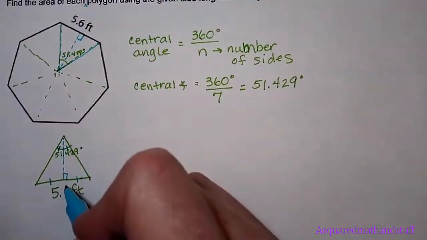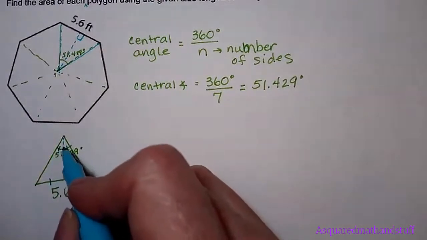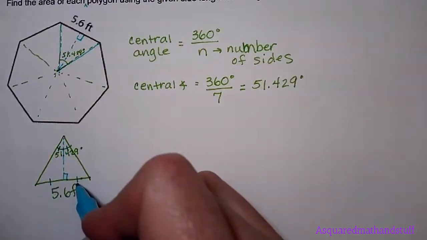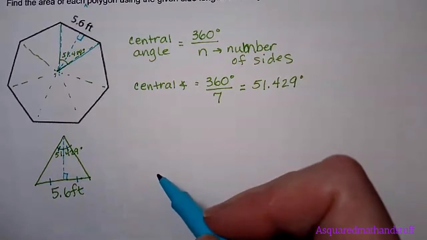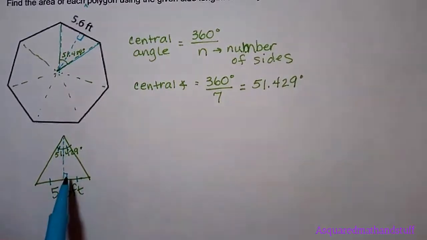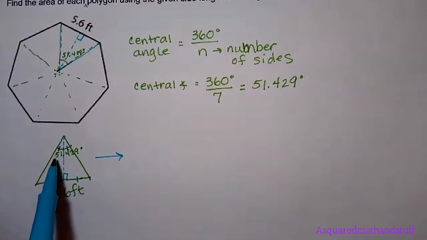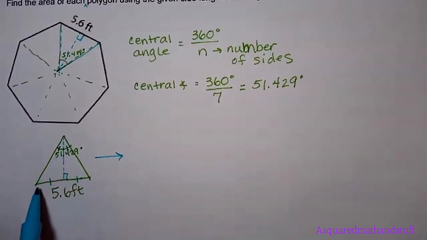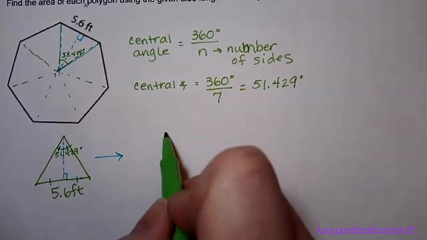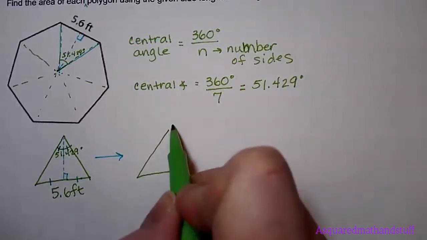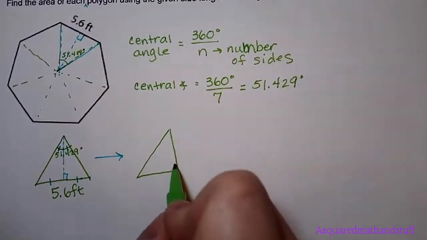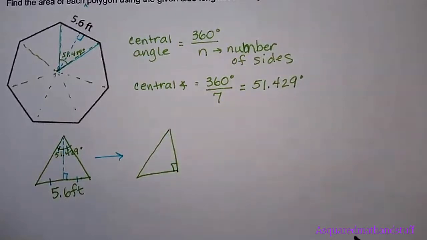And when you drop a height in an isosceles triangle, you have an angle bisector and a perpendicular bisector for the side length opposite of that angle. What I'm going to do now is I'm only going to focus on the left-hand side of this triangle here. So let's redraw just our right triangle, because then we can start seeing things a little more clear here.